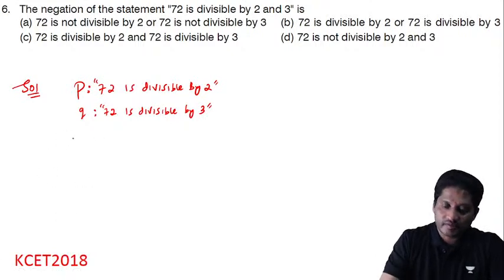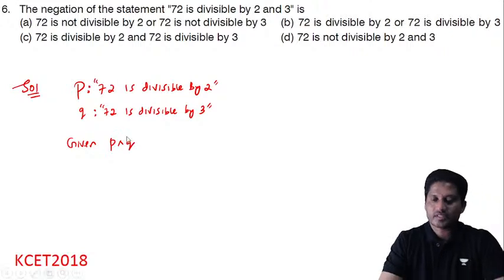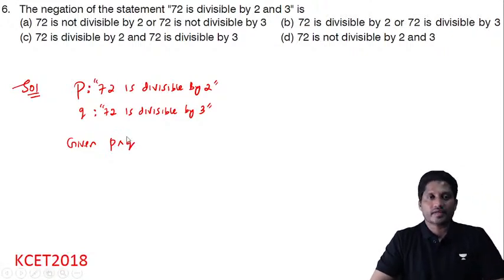So this means that this given becomes p conjunction q. That is 72 is divisible by 2 and 3.